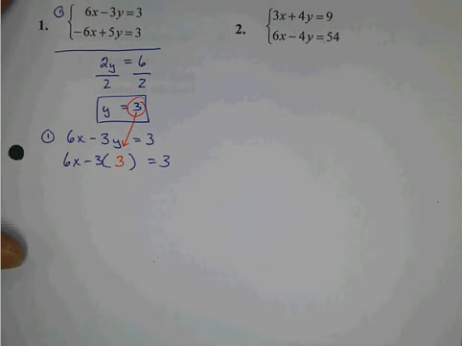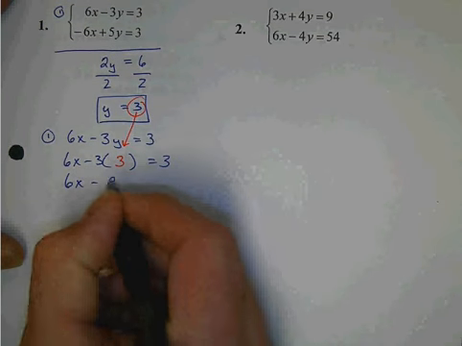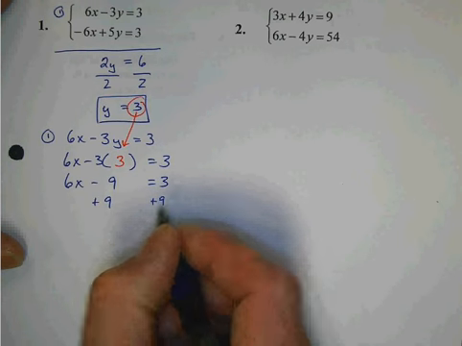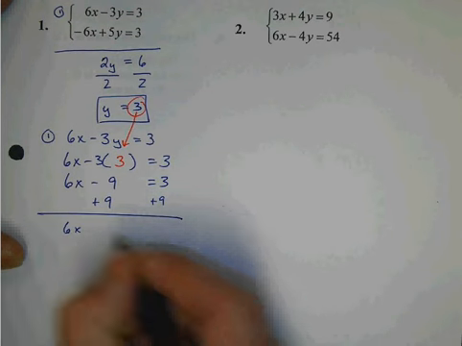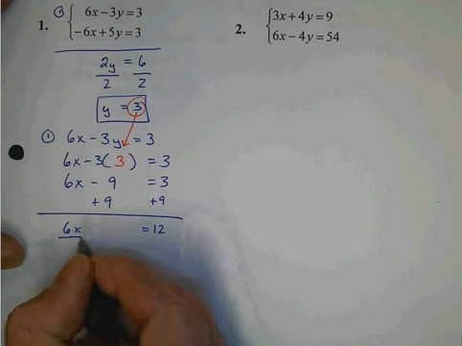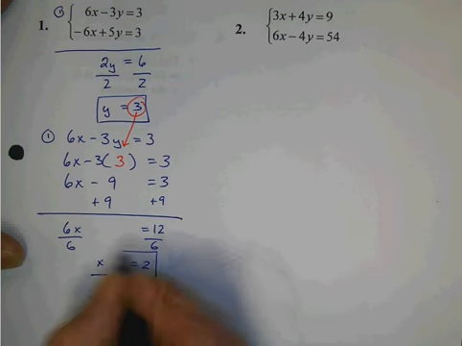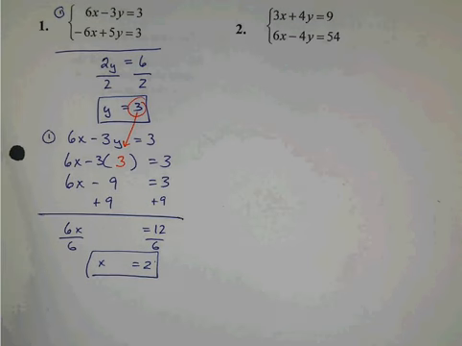Now I just work it out. 6x minus 9 equals 3. Add 9. 6x equals 12. Divide by 6. X equals 2.